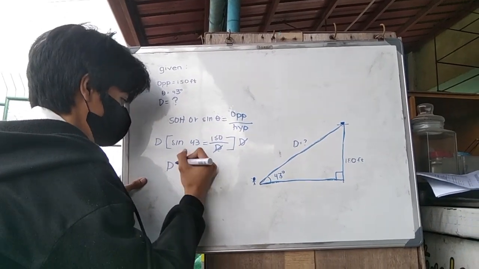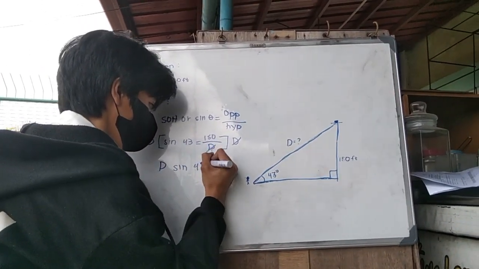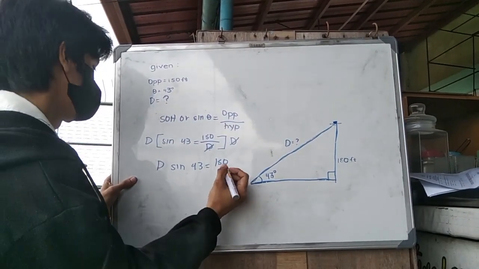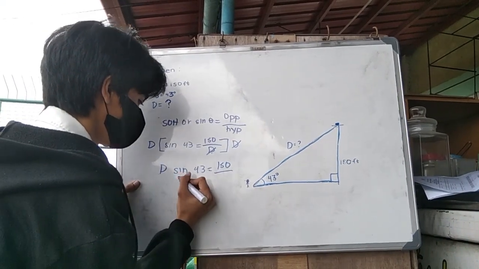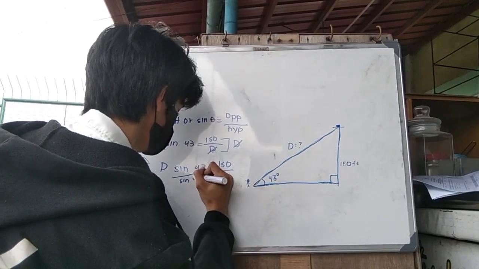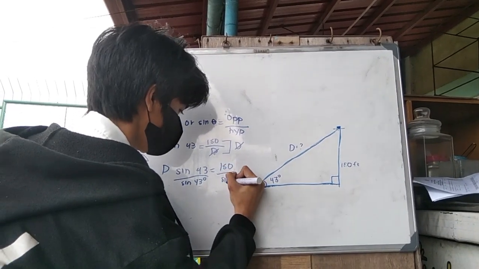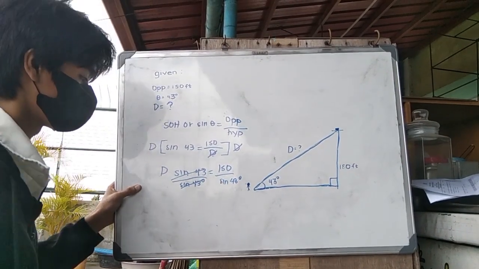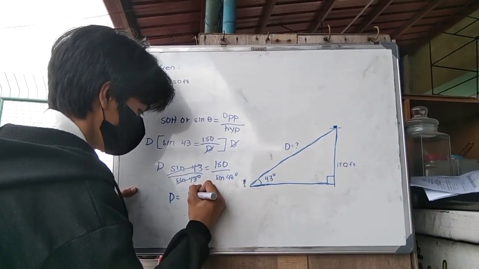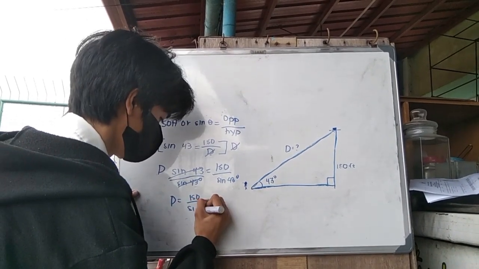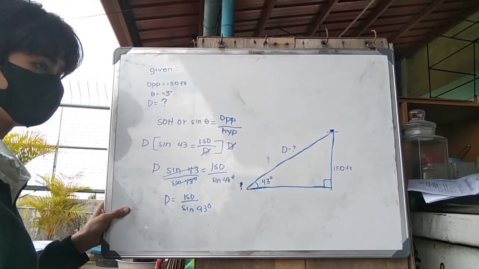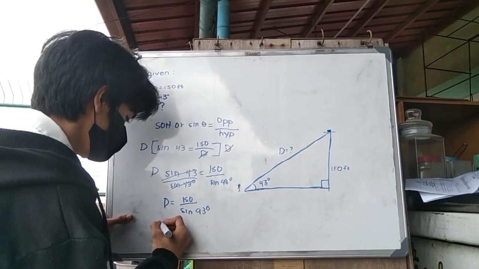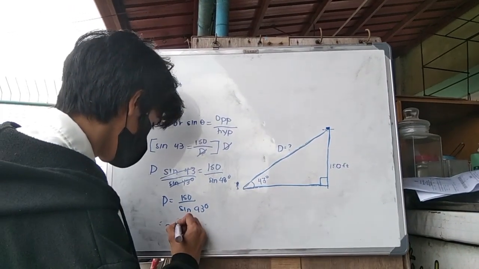So d sine 43 equals 150. Next, we divide both sides by sine 43 and cancel. So the answer is d equals 150 over sine 43. If we solve this in the scientific calculator, the answer is 219.9.